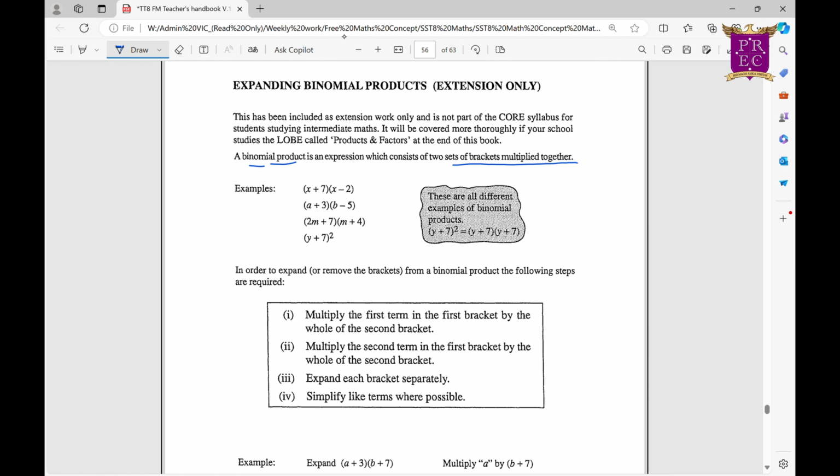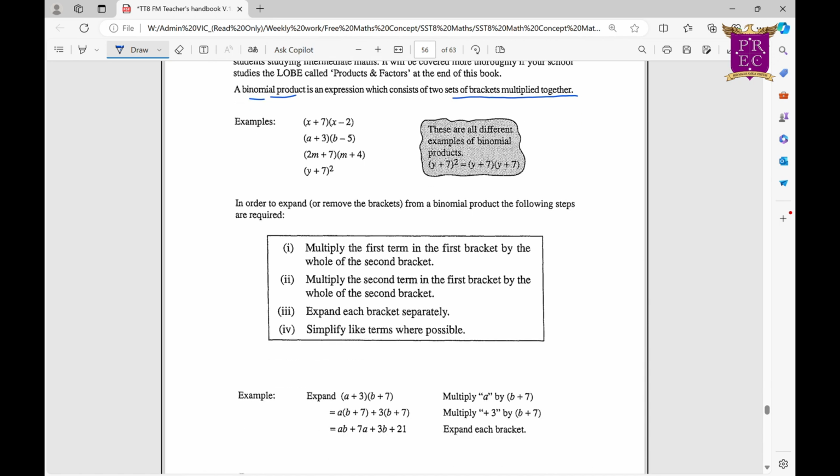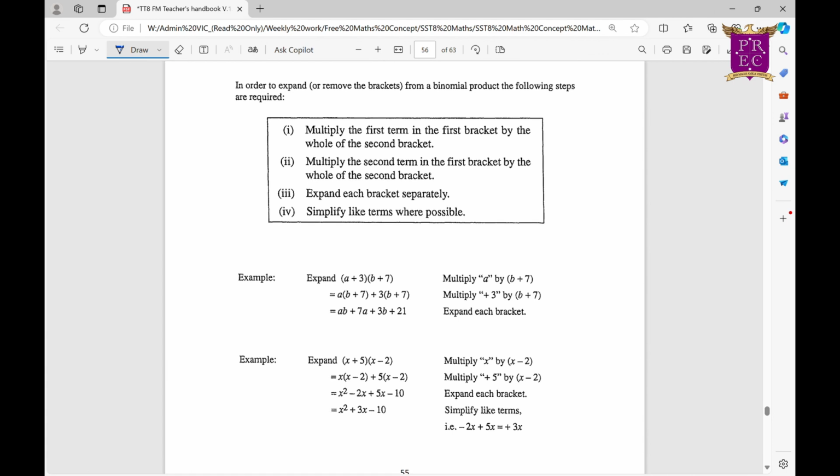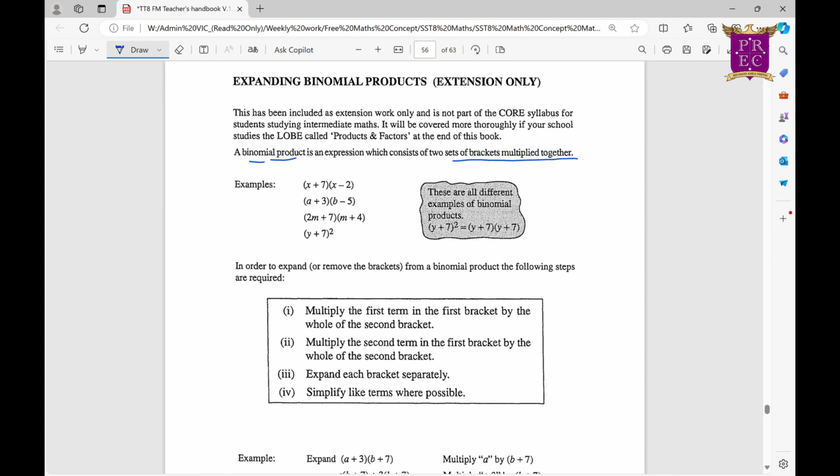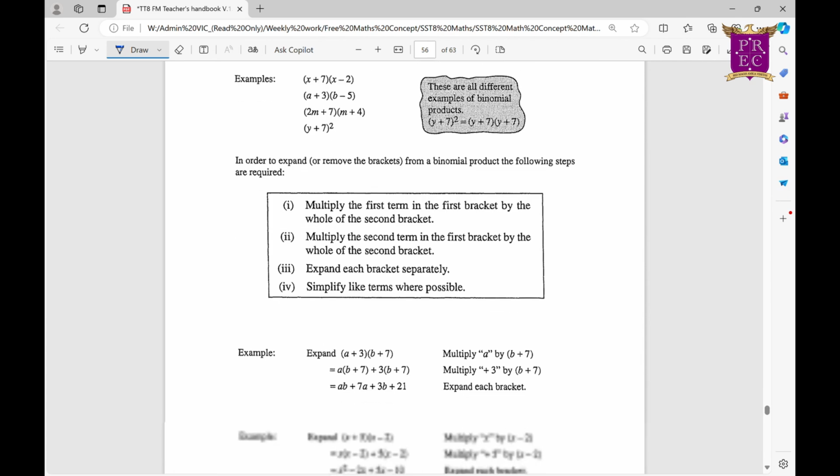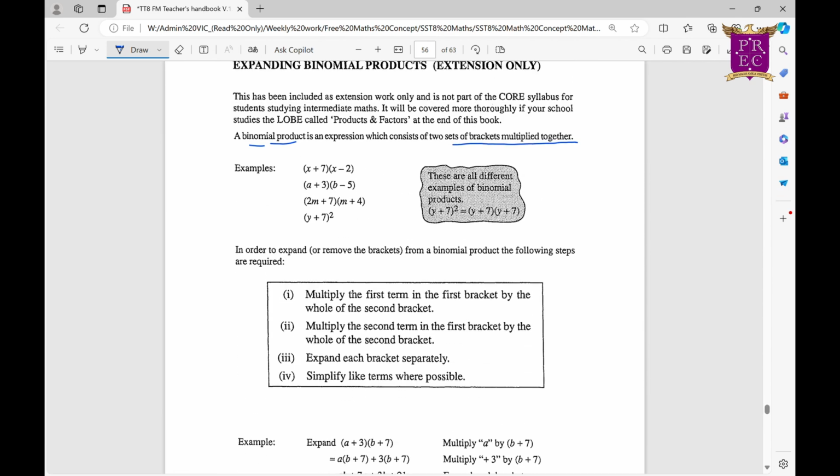So these are what would signal to you that you are dealing with a binomial product. And so how you do this is it lays it out in fairly simple steps. I mean, this is an extension, so don't worry too much if you don't understand it right away, but it is good to know because it does come up in advanced maths questions.